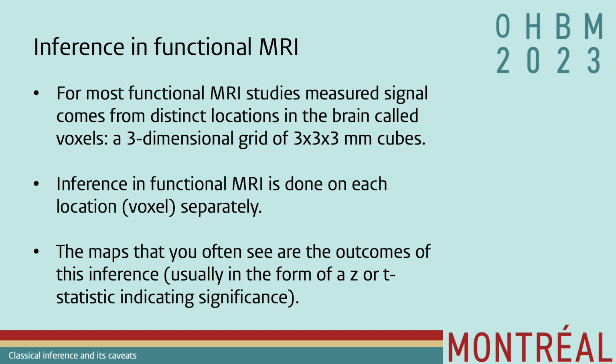So the maps that you often see are the outcomes of this inference, usually in the form of Z or T statistics indicating significance.